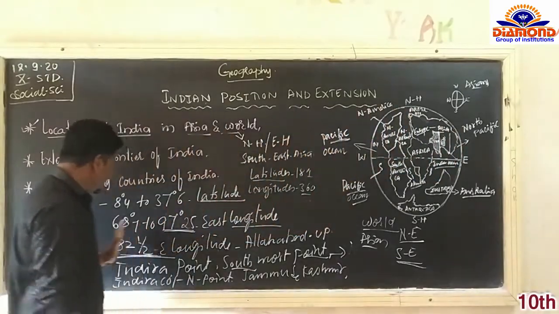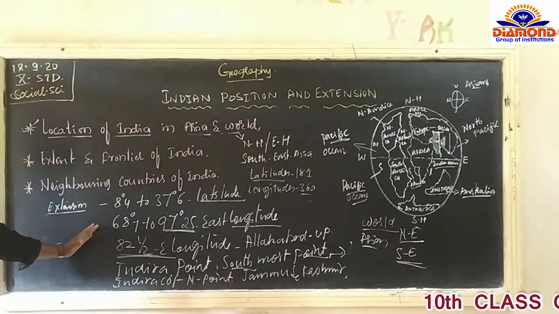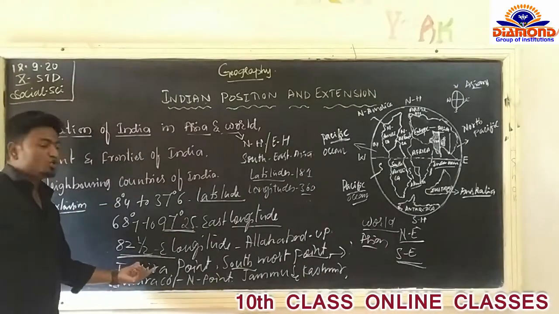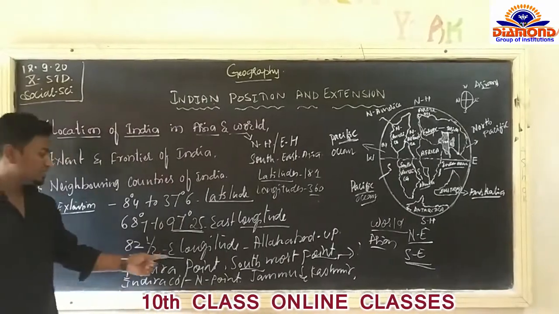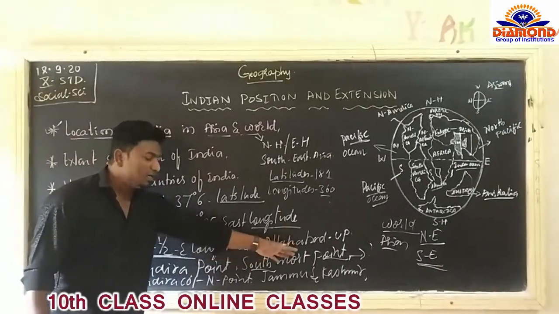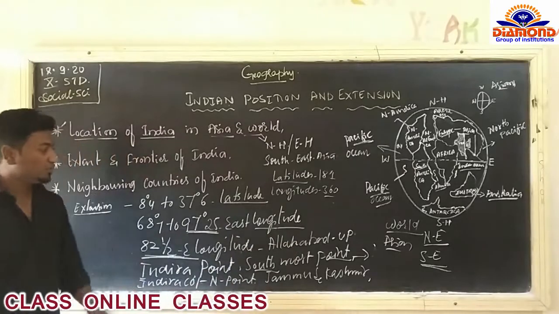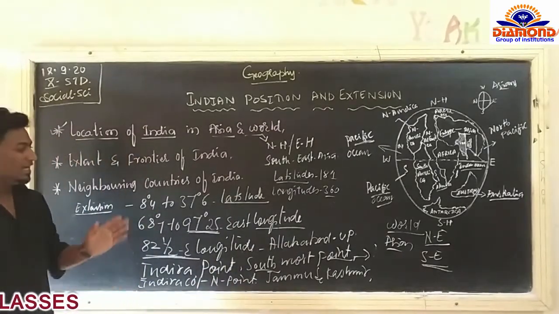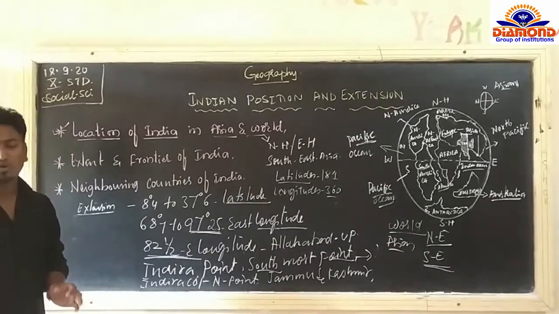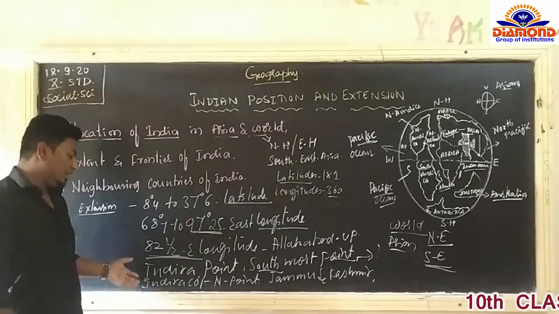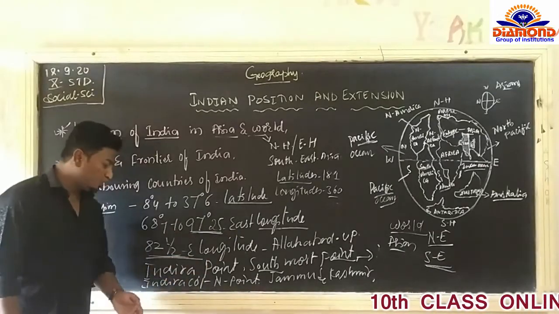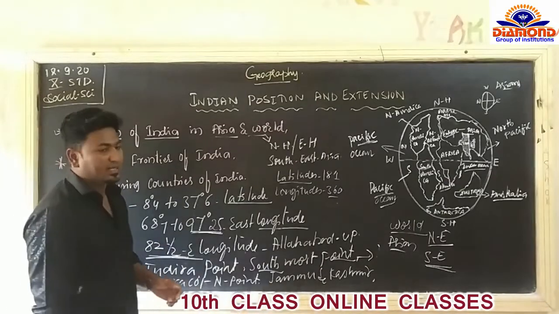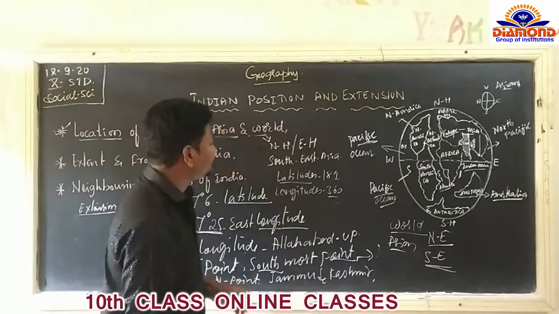Among these, an important one is 82.5 degree longitude, which passes through Allahabad of Uttar Pradesh, and Indian Standard Time is measured based on it. Indira Point is the southmost point and Indira Col is the northmost point.